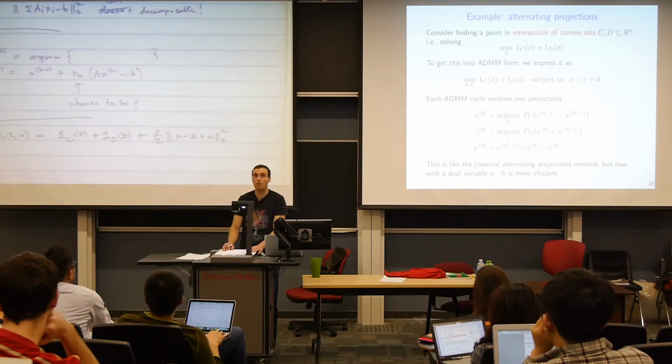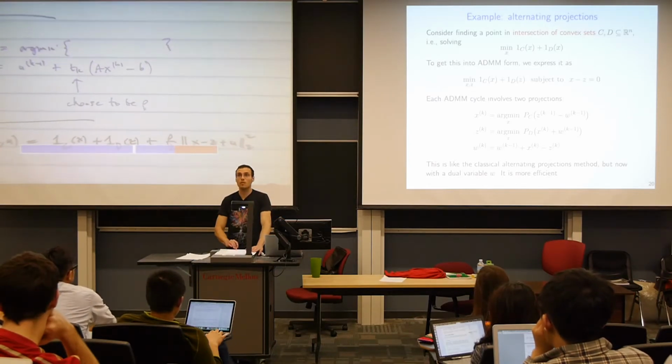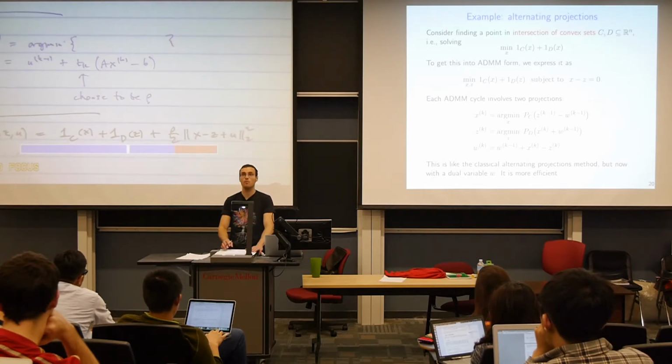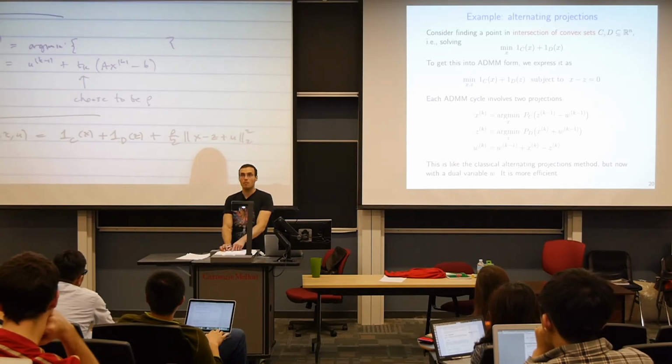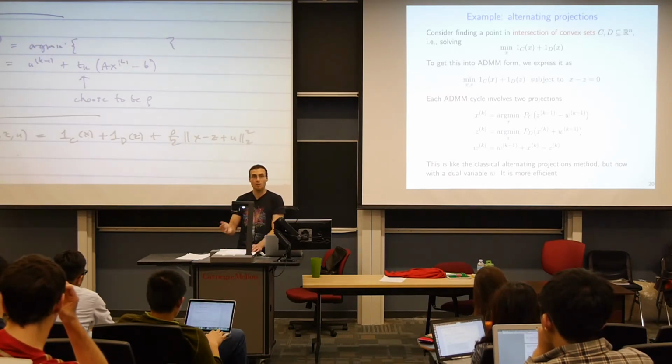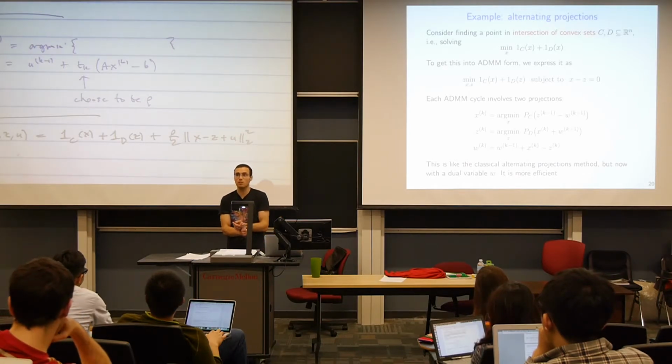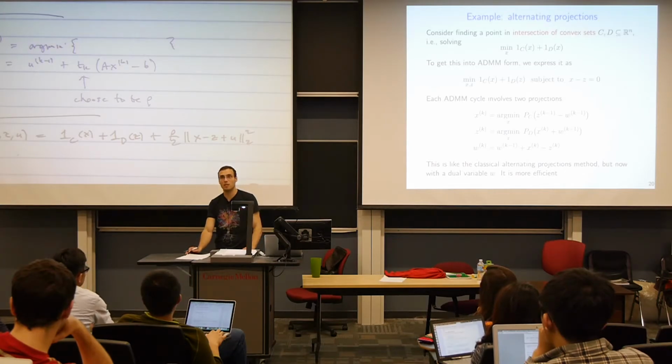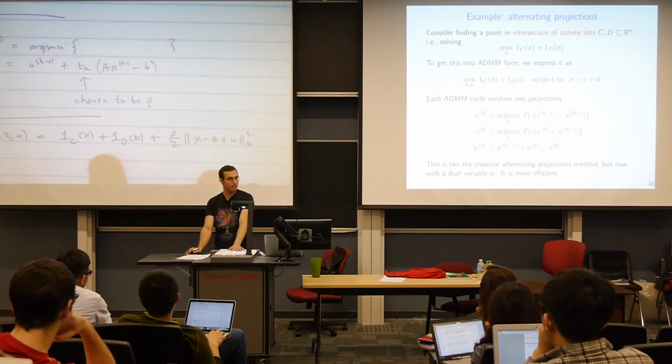So this is called the scaled form of ADMM. It's often the easiest way to set up problems with it. I take the constraint x minus z that I had equal to 0, and I add the dual variable. I take the L2 norm of that, squared. That is the contribution I would have gotten from both the linear term u transpose (x minus z) and the quadratic term on x minus z alone. So that's my augmented Lagrangian.